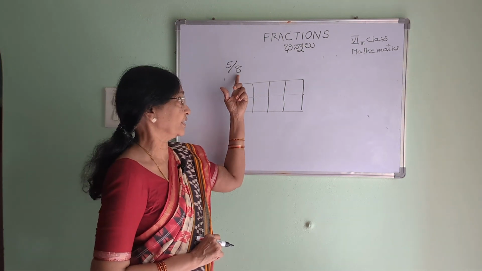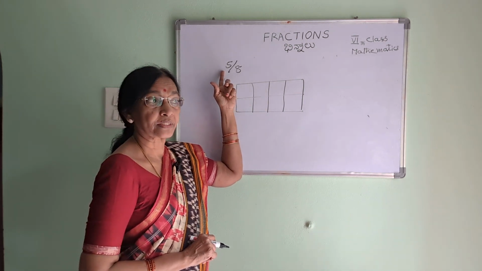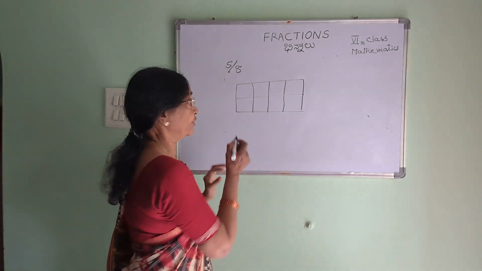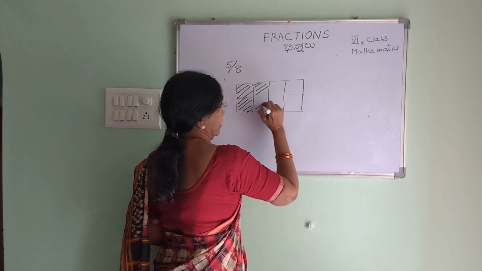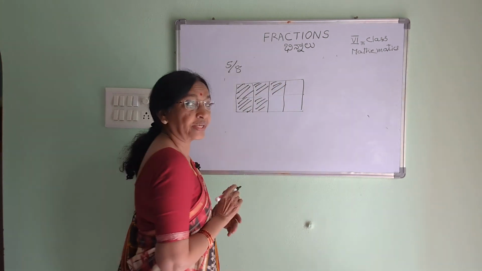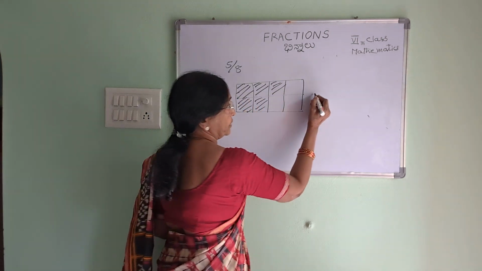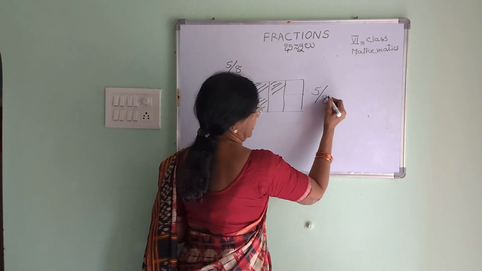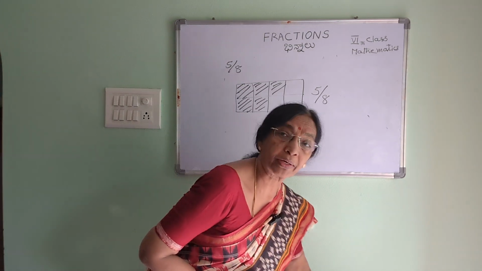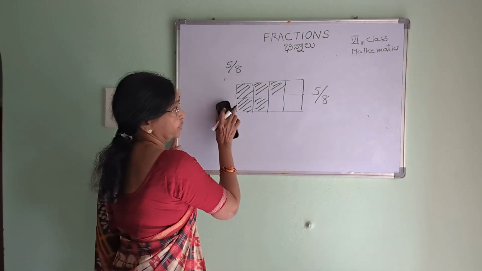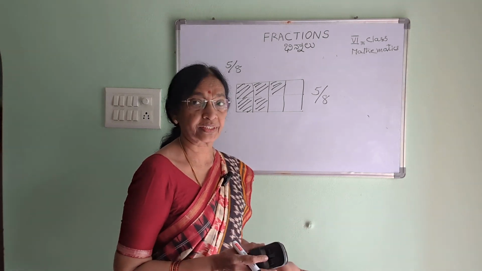Total number of parts are 8, and the number of parts considered, taken out, are 5. Therefore, 5 blocks or 5 equal parts are shaded. Any 5, we can take any 5 and shade. So this shaded portion represents 5 by 8. Thus we can represent the part of a whole as a fraction. So a fraction is a part of a whole or part of an entity.